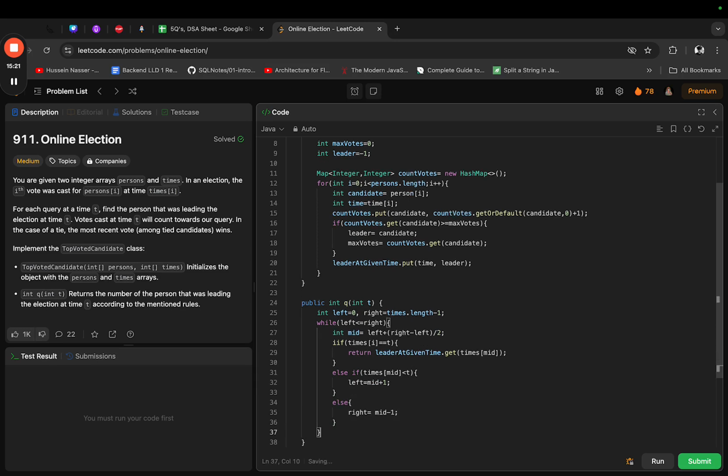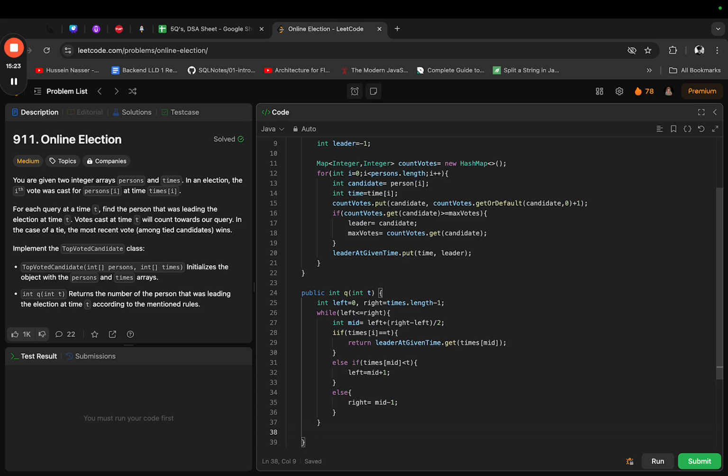This covers the case where the time is mentioned at 5, 10, 15, like that, right? What if they mention a time like 12 minutes? We have to take care of that also, right?